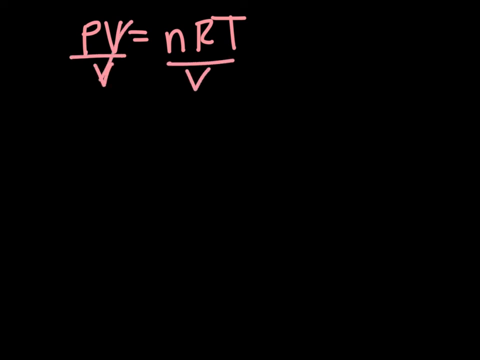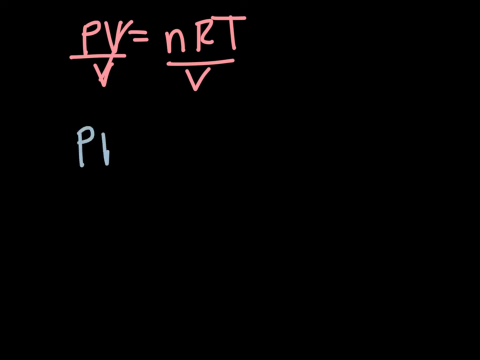I cannot give us every single example for each variable, but our algebra skills are there. If we look at our ideal gas law, PV equals nRT, let's say that you have to solve for pressure. What do we do? Exactly, divide by V. What if you need to solve for temperature?